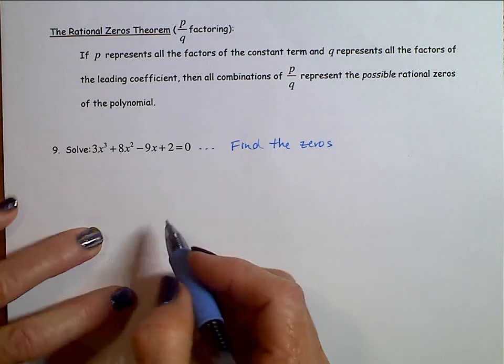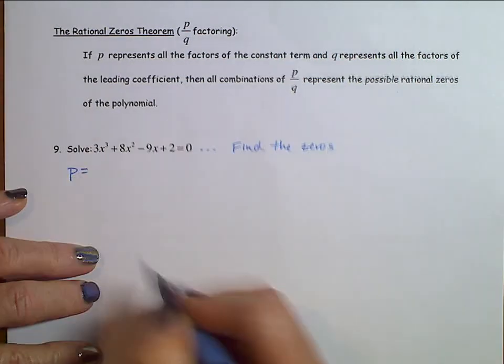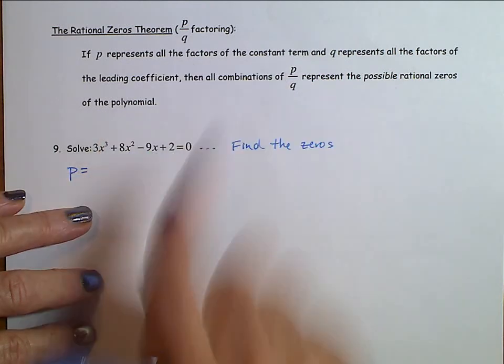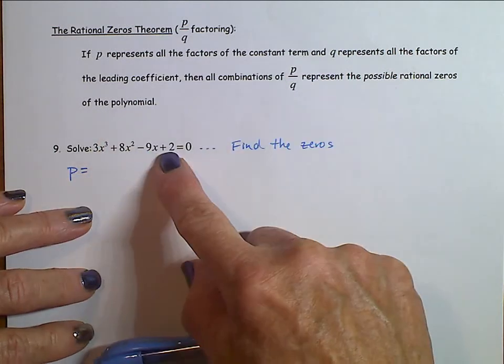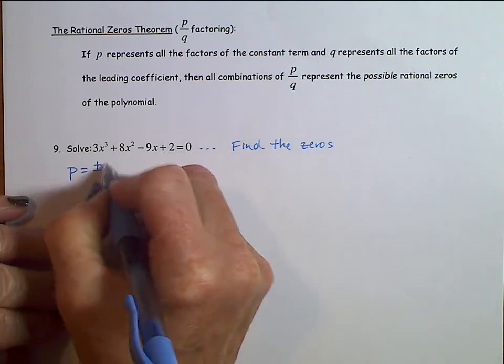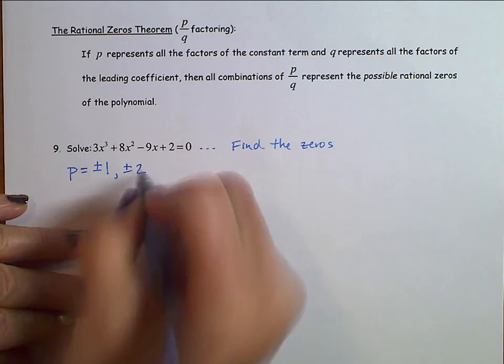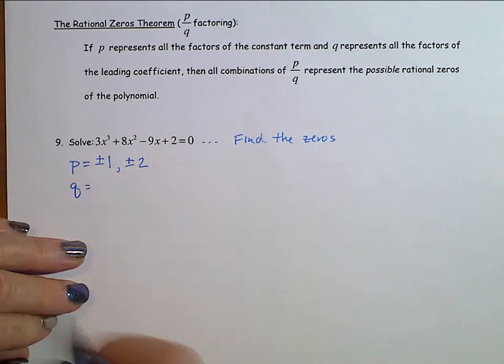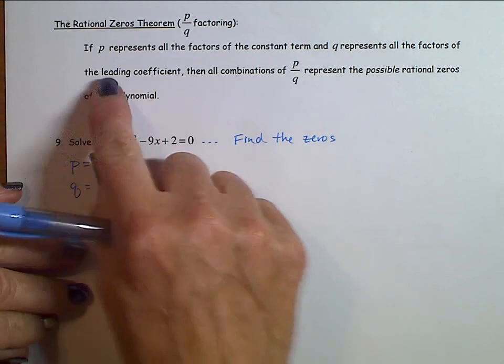So let's find P. P is all of the factors of the constant term. So factors, things that multiply to be 2, they are plus or minus 1, positive or negative 2. Q is all of the factors of the leading coefficient.